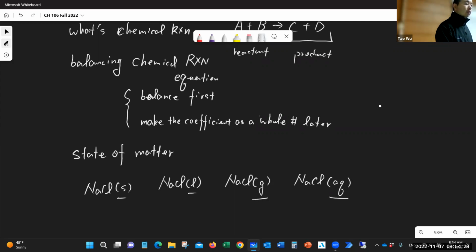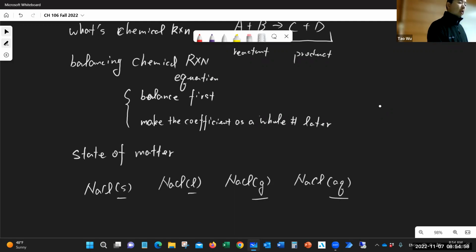And the gas phase is talking about experiencing even higher temperature, so all the sodium chloride becomes vaporized, becomes sodium chloride gas in the atmosphere. It's hard for you to find this state. Normally at room temperature, you can see sodium chloride as a solid.